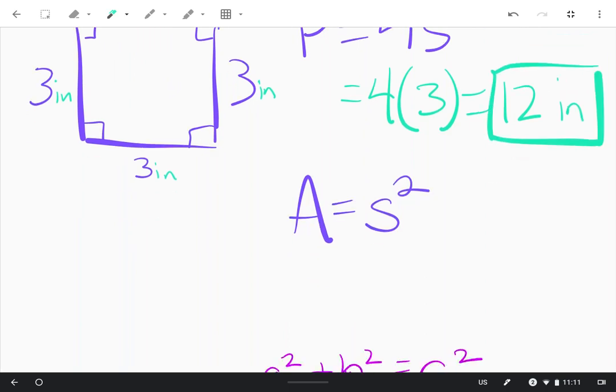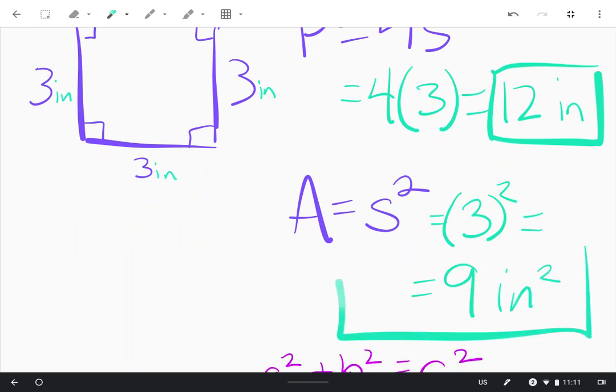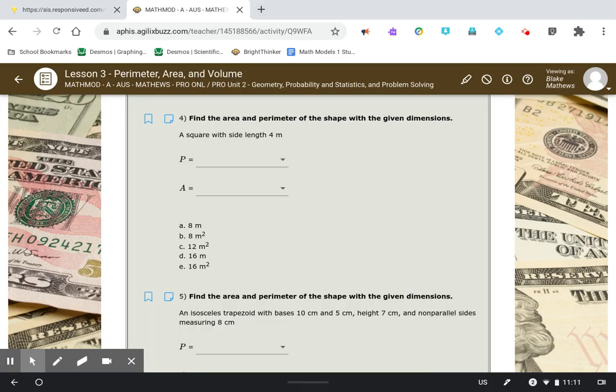And then for the area, you do 3 squared equals 9 inches squared. All right, that's squares. Keep moving.